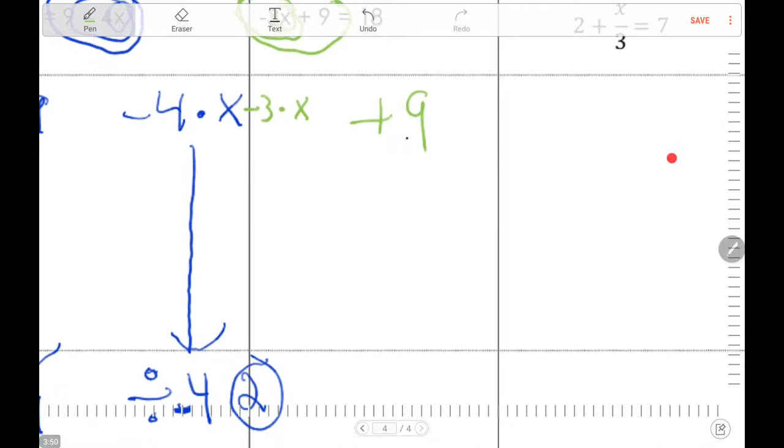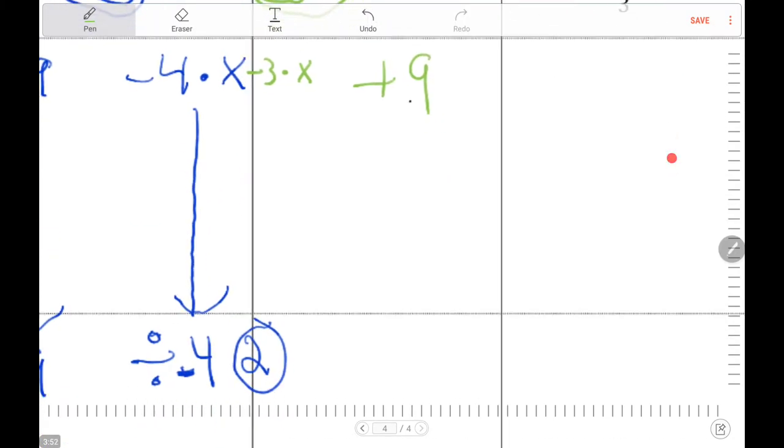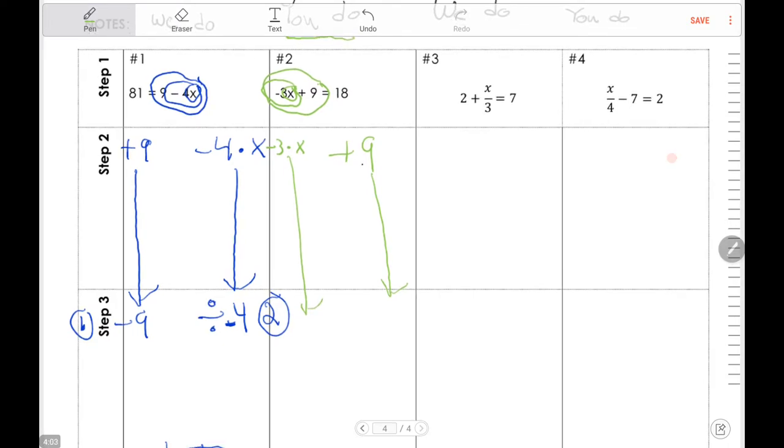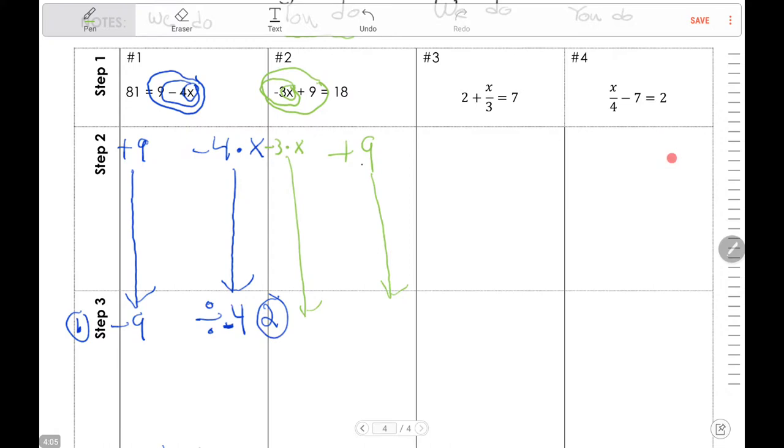Okay, let's keep going. What are the inverses? Let's find the inverse operations. So opposite of adding 9, can you tell me? Why don't you do both of them? This one is -9, this one is divide by -3.